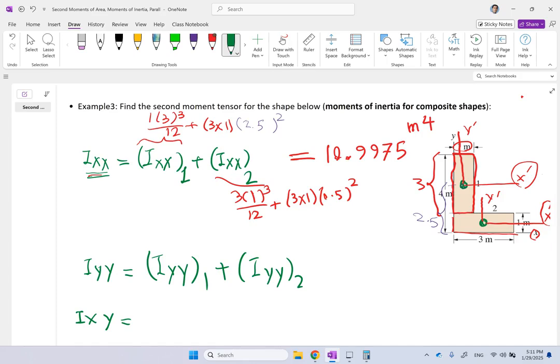It is going to be this 1 cubed times 3 over 12. So this is going to be 3. Let me use a different color. So it's going to be 3 times 1 cubed over 12. That's for y prime, plus the area, which is 3, times some distance squared. What distance? The distance between this y prime and this y, which is only 0.5.